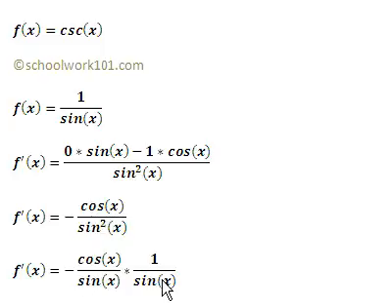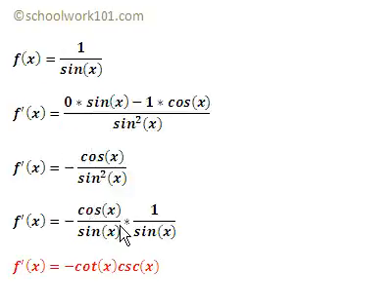So you see I can split this up, and we've got cosine x over sine x, which is equal to cotan x, and 1 over sine x is equal to cosecant x. And of course don't forget the negative. So this is the derivative of cosecant x, and this is another one that you're considered to need to remember or memorize. The derivative of cosecant x is negative cotan x cosecant x.